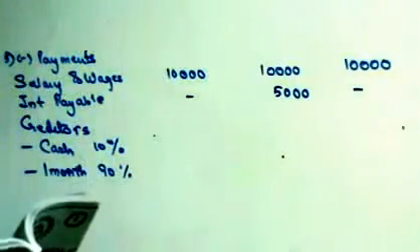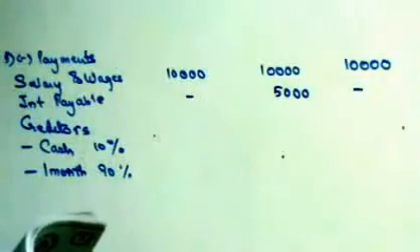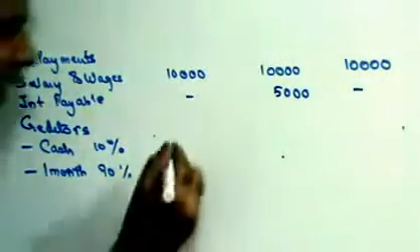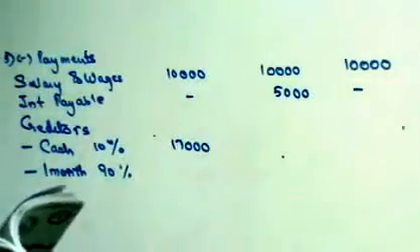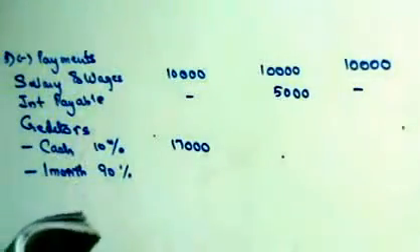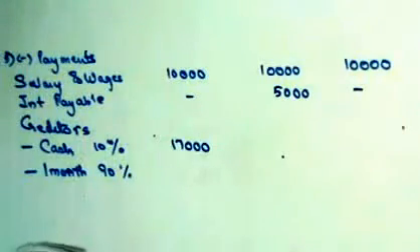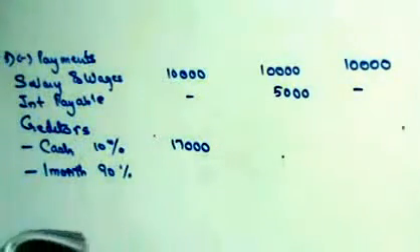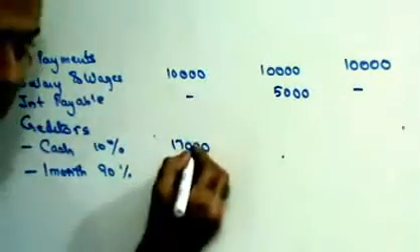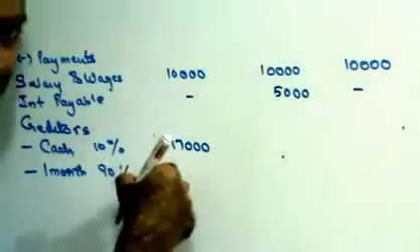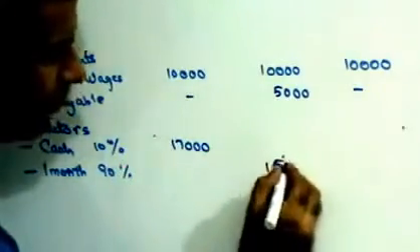Creditors for April is 1,70,000. Out of that 10% is cash, that means 17,000 will be paid in the same month. 1,70,000 minus 17,000 is 1,53,000, which has to be paid in the next month, that is, in May instead of April.